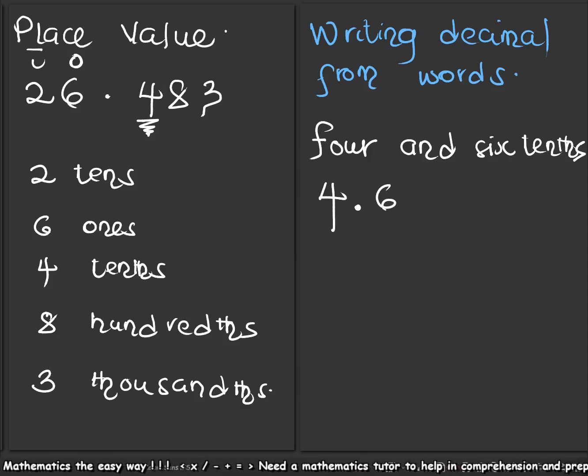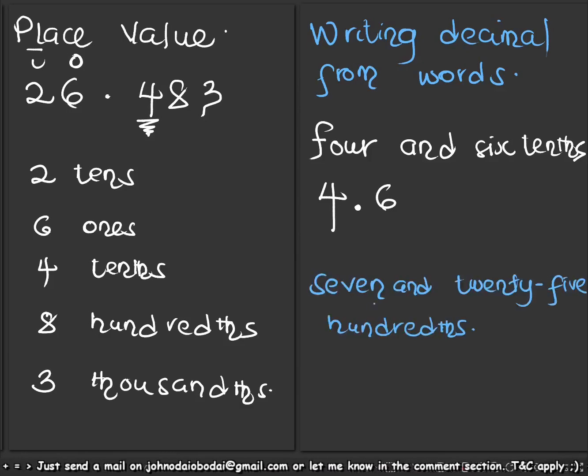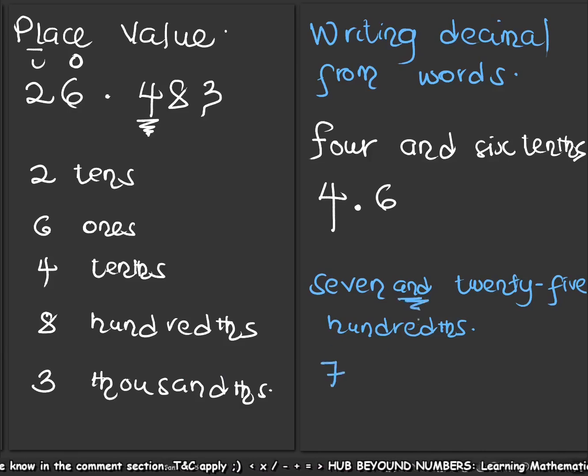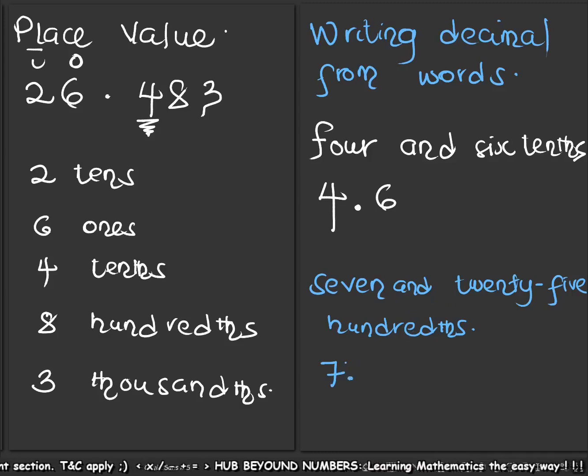Let's look at more to see if we understand it better. So for this one, it says 7 and 25 hundredths. What we are going to do is write your 7. You have 7 as the whole number.